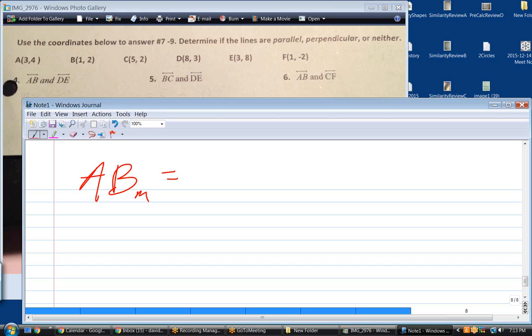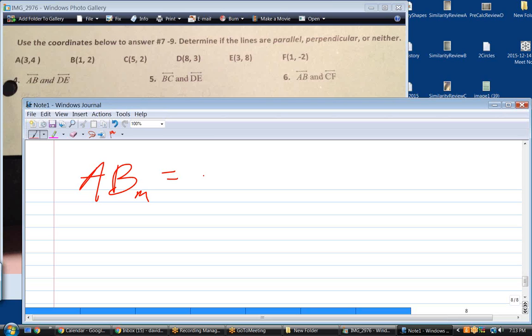So slope equals y2 minus y1, and then x2 minus x1. So that would be 2 and 4, so 2 minus 4. And then 1 and 3.